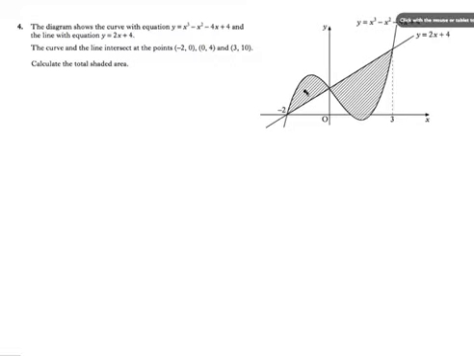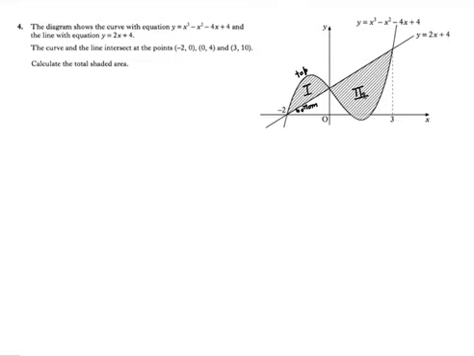So we'll split this up into two sections. There's area 1 and there's area 2. In this part, the top curve, you'll notice, is the cubic one, this one, and the bottom curve is the straight line or linear curve, 2x plus 4.